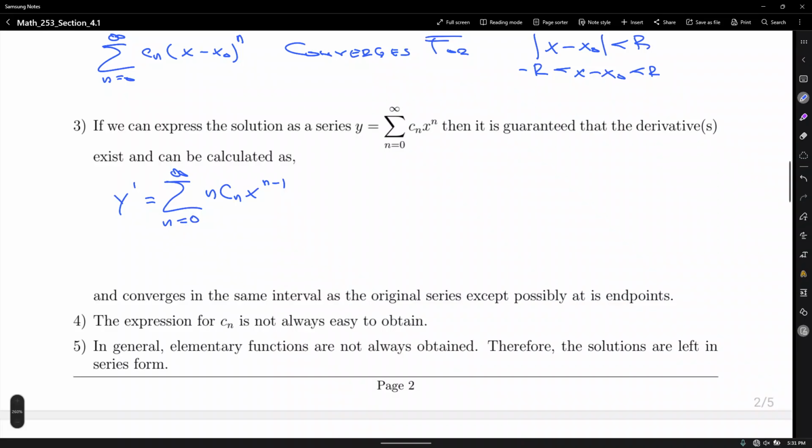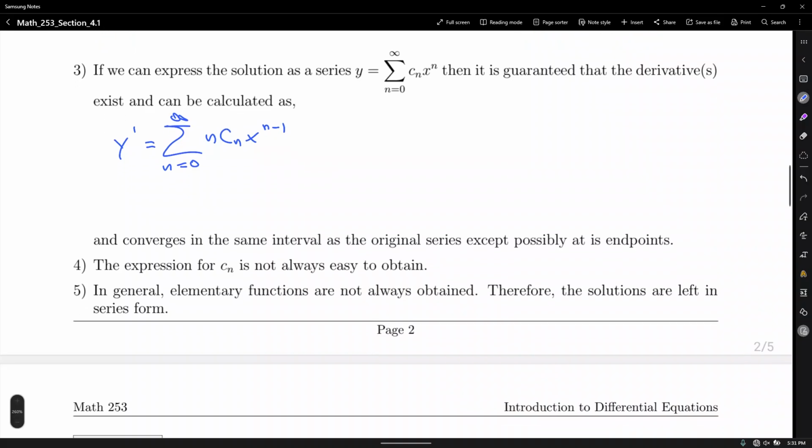Observation number 4: the expression for c sub n is not always going to be easy to obtain, like the one we just did with x to the n over n factorial. It's not always going to be easy, if possible to do.